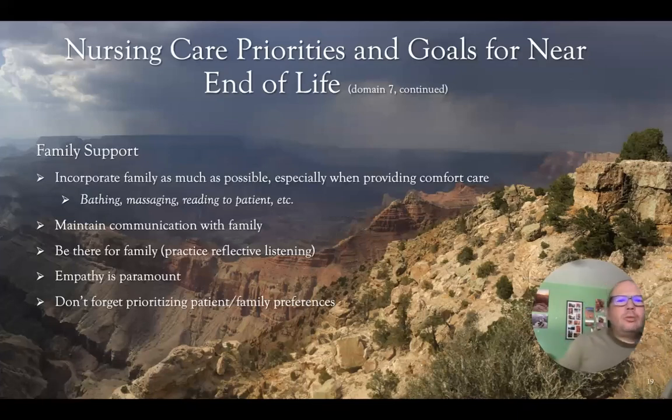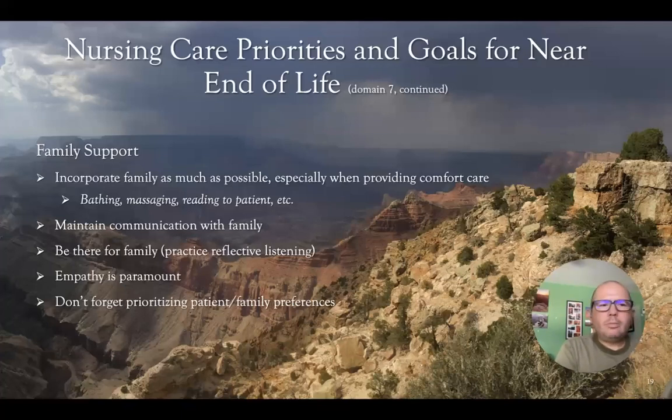All right. Domain number 7 continued, nursing care priorities and goals for near end of life. Family support, a big deal. We've got to make sure to incorporate the family as much as possible. Don't be the only one offering patient comfort. Make sure to facilitate the family providing that patient comfort, including bathing, massaging, reading to the patient.